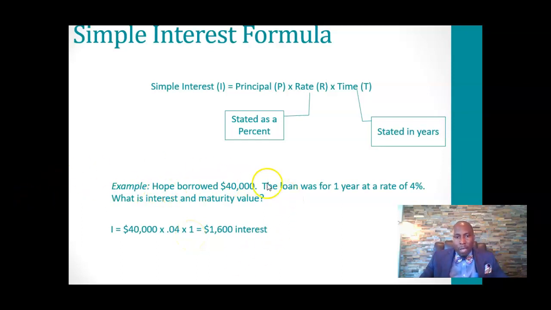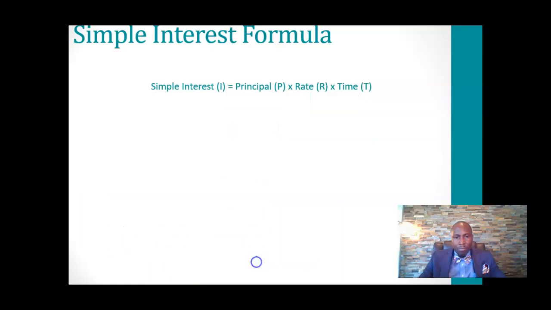So if the loan was outstanding for the entire year, the interest on the loan would be $1,600. So when the loan is paid back, you're paying back the 40,000 that was borrowed plus the accrued interest of 1,600. Maturity value will be $41,600.